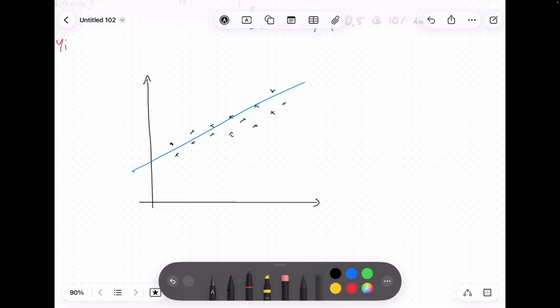And what I'm going to do is get rid of this point here and recalculate my fit line. Now that fit line looks something like this. I'll add that point back in, and now I'll get rid of a different point here, and I will recalculate the fit line. Maybe that will look something like this.